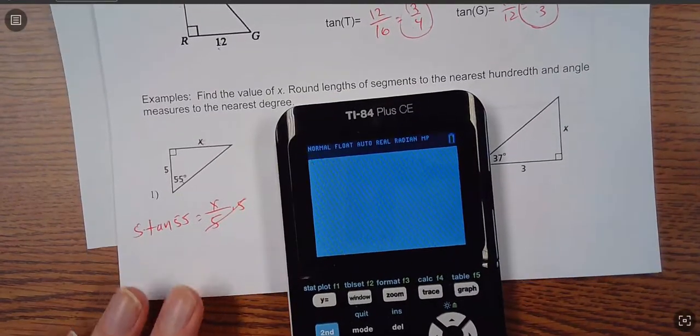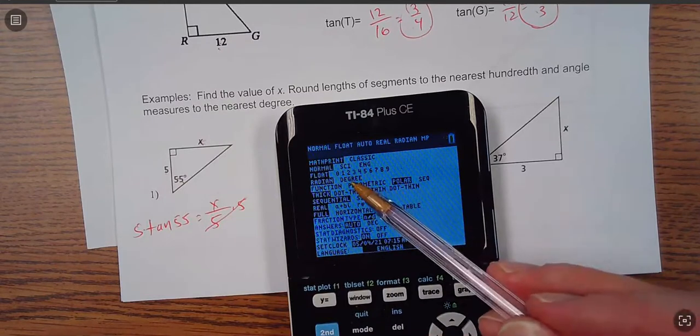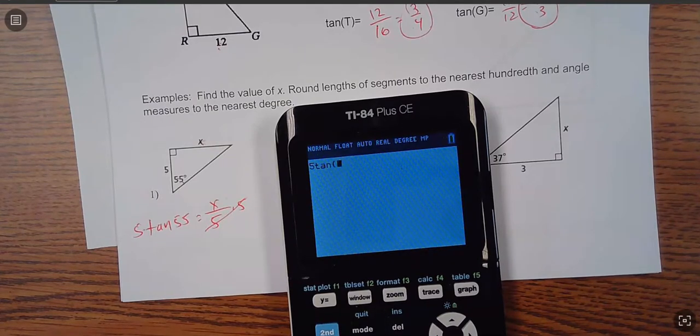Now, first thing you want to do, these are degrees, so push mode and make sure you're in degrees. See how mine says radian right now? I want it in degrees. You don't know what radians are yet, but you will by the end of this. Maybe you do know radians. I don't think they go over them in geometry though. So you want it in degrees. And now 5 tangent 55.